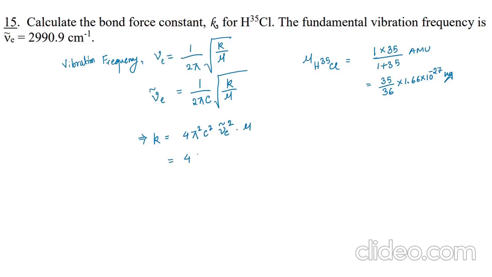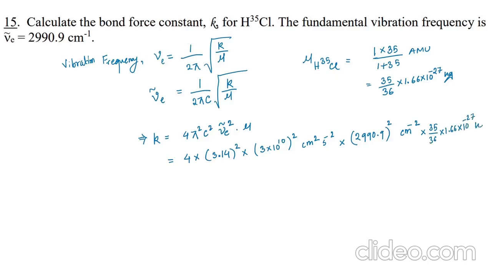So 4 into 3.14 square, into 3 into 10 to the power 10 square centimeter square second minus 2, into 2990.9 square centimeter minus 2, and now mu, 35 by 36 into 1.66 into 10 to the power minus 27 kg. Let us calculate the value we are going to get.